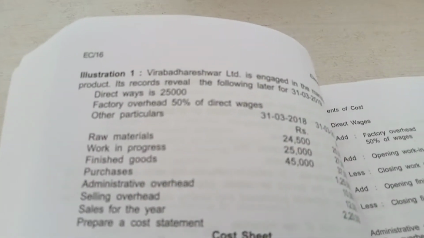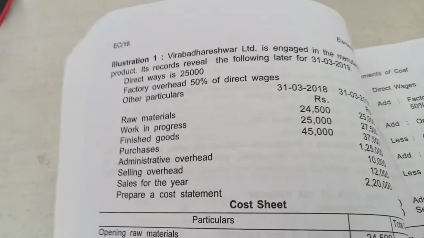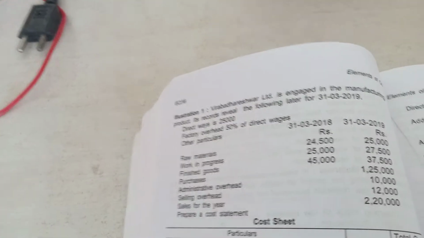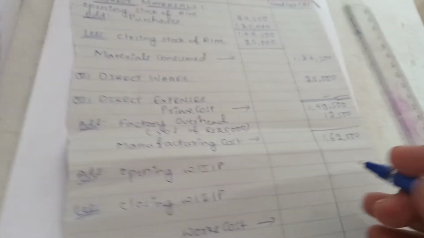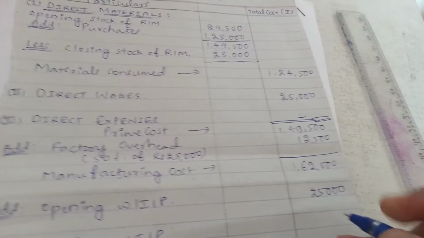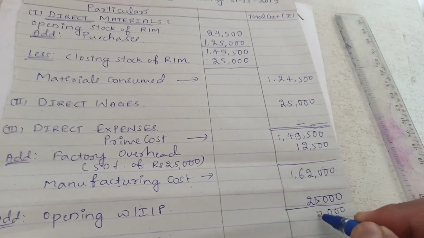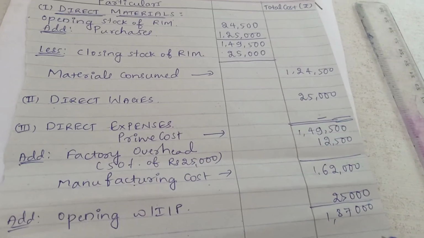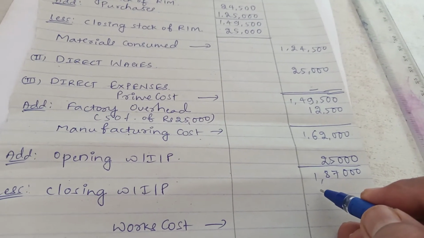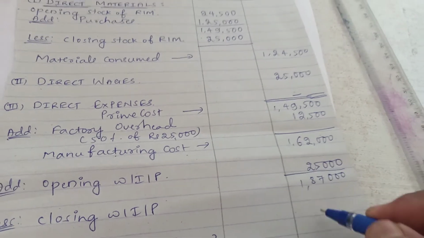So what is the amount of opening WIP and the closing WIP? It is the second item. Opening WIP 25,000 and closing WIP 27,500. 25,000 I have added, and after adding this I will get this much of amount, 1,87,000, and from this I am going to deduct the 27,500.